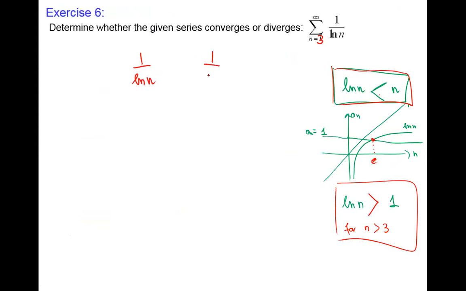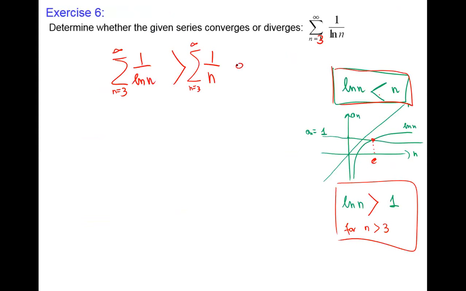Let's see. I will put n for now. I know that the sequence n is greater than ln of n. But having a bigger denominator, the whole fraction is smaller. Starting with 3, we do have this relation.